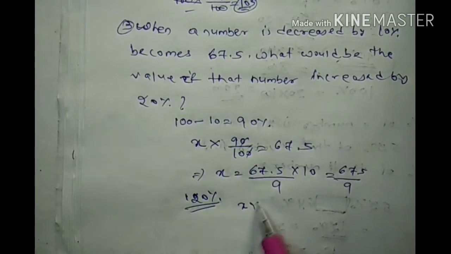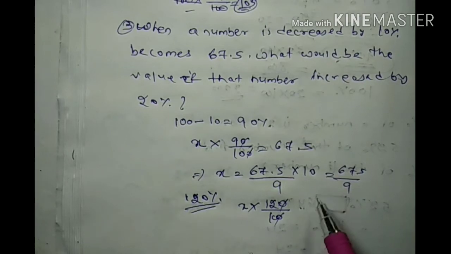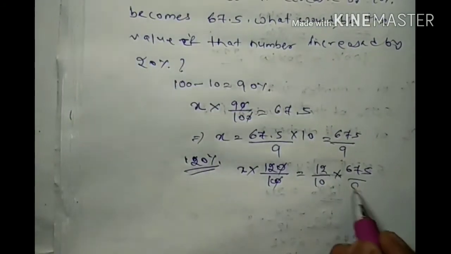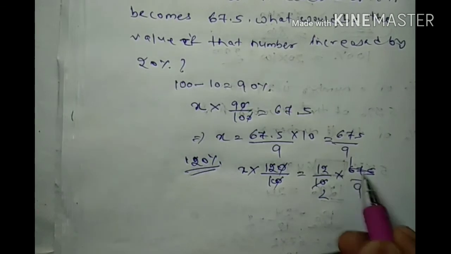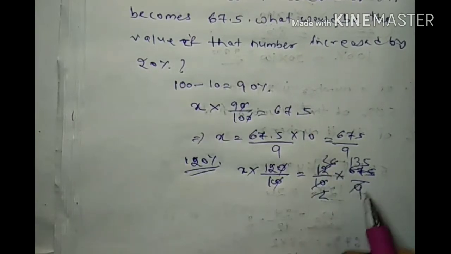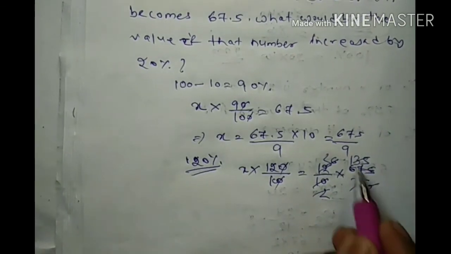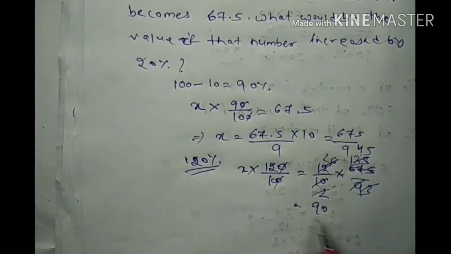So 120% of x equals 12 by 10 into 675 by 9. 5 2s are 10, 5 1s are 5, 3 5s are 15, 3 3s are 9, 3 4s are 12, 15, 45 into 2, 90 is the answer.